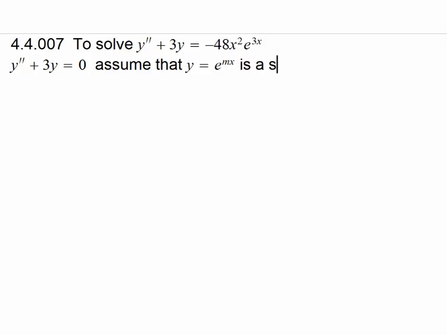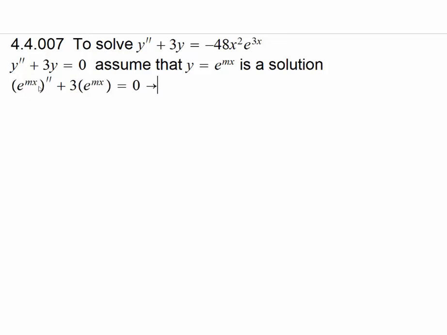And then we will substitute y equals e to the mx in this homogeneous part of this equation. So here we got e to the mx, its second derivative with respect to x, and here for y we simply have this.